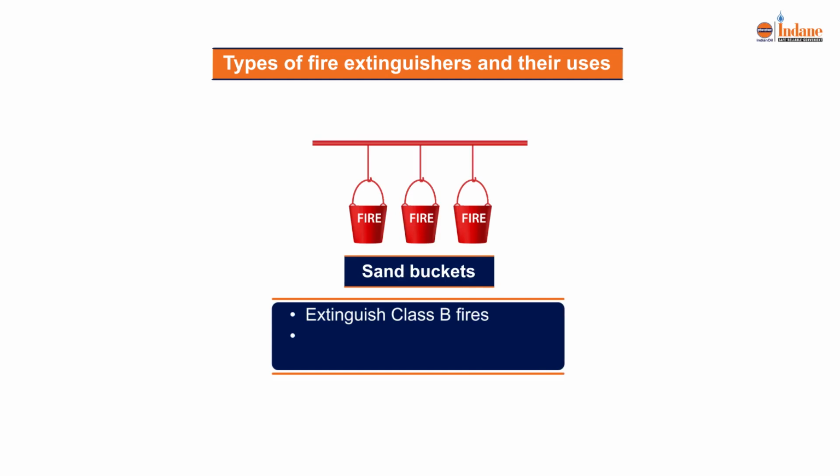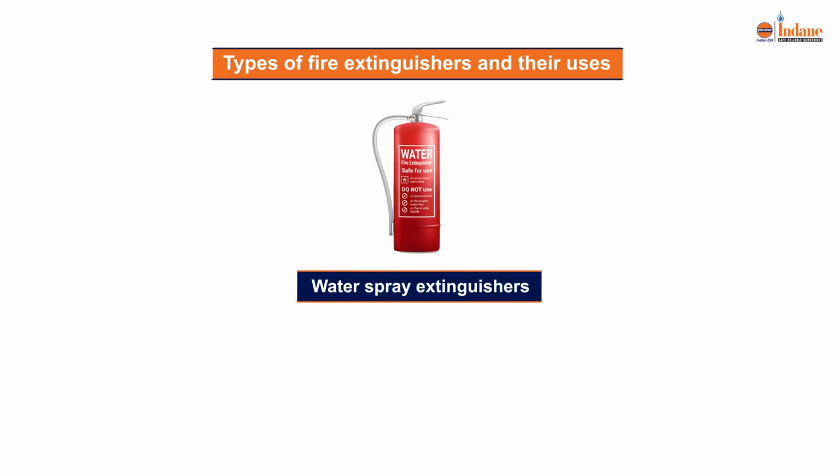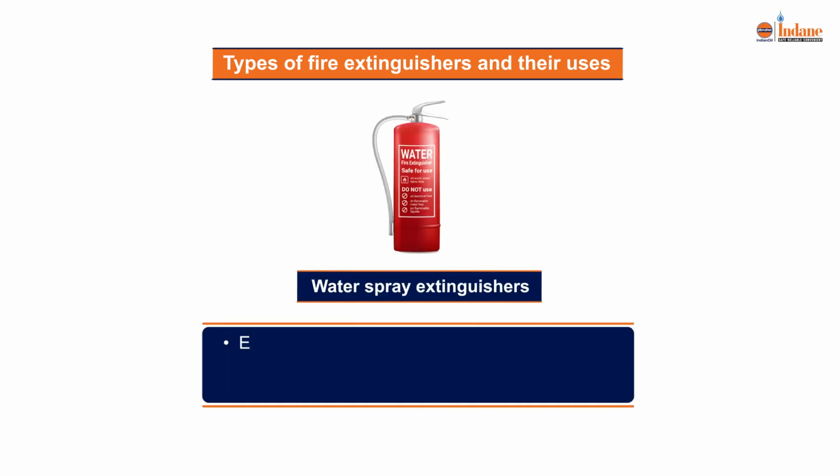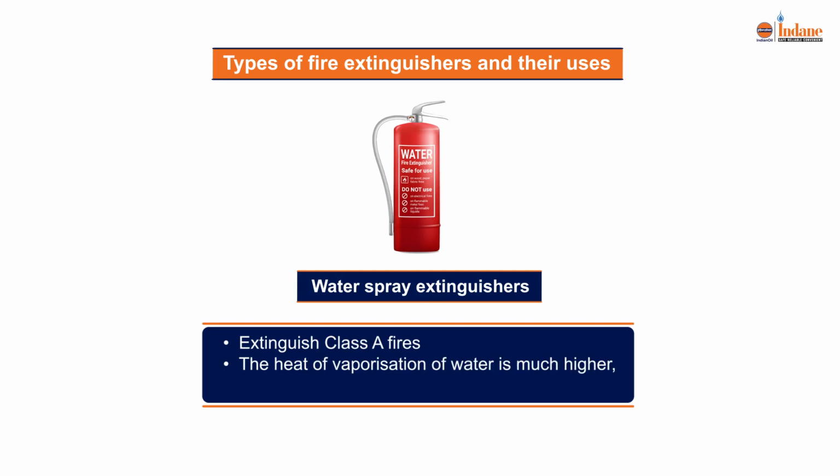Sand is thrown on the fire because it absorbs the fuel generating the fire. Water spray extinguishers are used to extinguish Class A fires. The heat of vaporization of water is much higher, so it reduces the volume of oxygen in the fire.